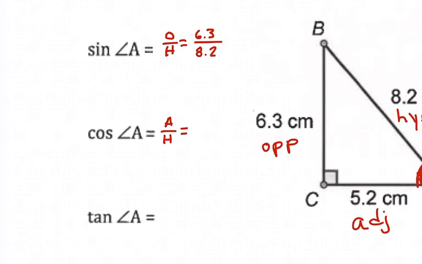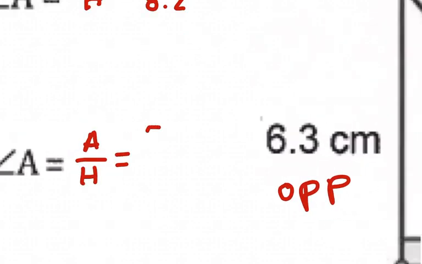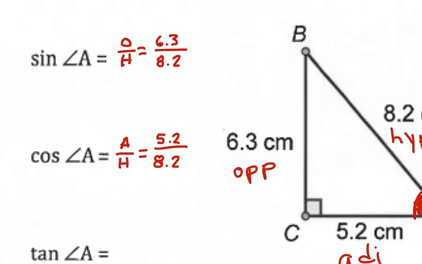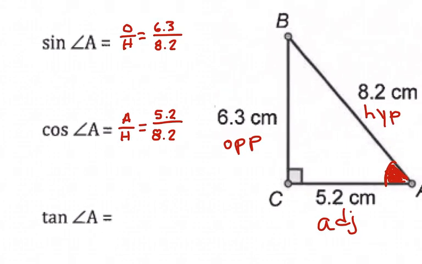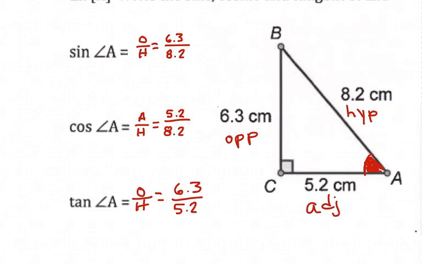So my adjacent side was 5.2 and my hypotenuse is 8.2. Lastly is tangent. So tangent was opposite over adjacent. So if I'm looking opposite, that would be 6.3. Adjacent is 5.2. So that would be my three ratios, sine, cosine, and tangent.